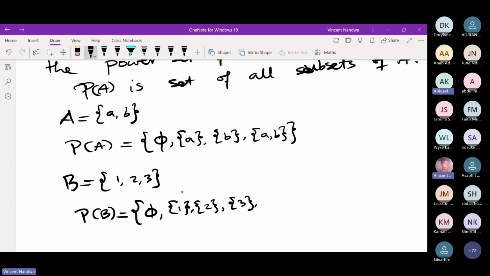So we have exhausted all the possible subsets that can be formed by 1 element each. And then with 2 elements we get {1, 2}, {2, 3}, and {3, 1}. {3, 1} and {1, 3} are the same thing, because when you're writing elements of a set, order does not matter. And then finally, the whole set itself.